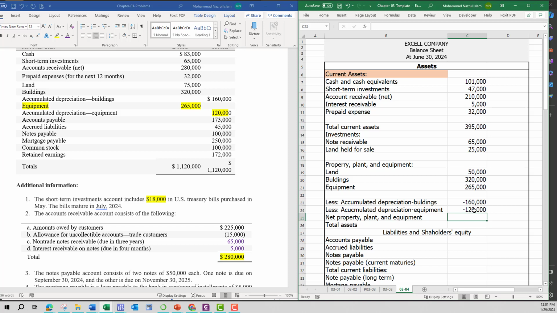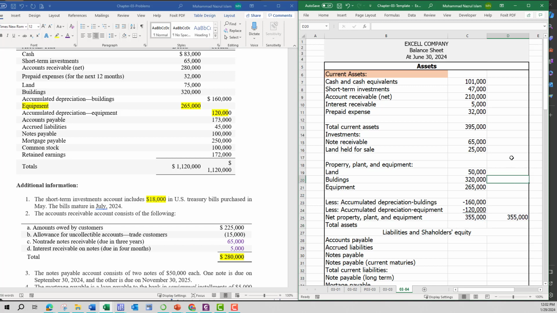Now the net of property, plant, and equipment: if we use the sum function, these will be added and these will be subtracted. So it is 55. Let's write this one over here.